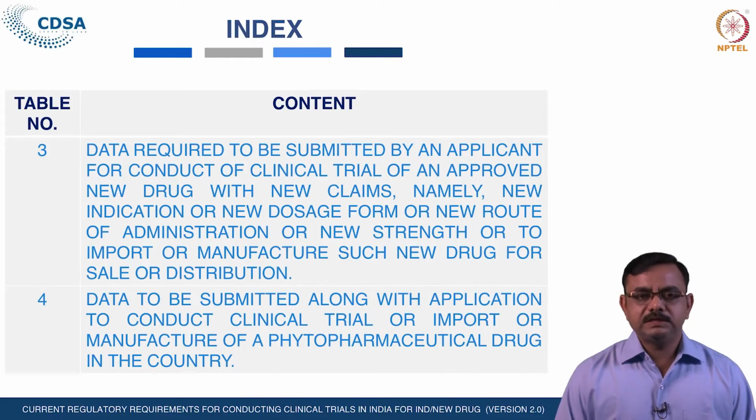Then in the manufacturing procedure, what processes the applicant is going to follow with respect to grinding, pulverization of the plant material, and sieving for getting uniform particle size, the details of the sieve and the sieve number are required to be submitted along with the application.